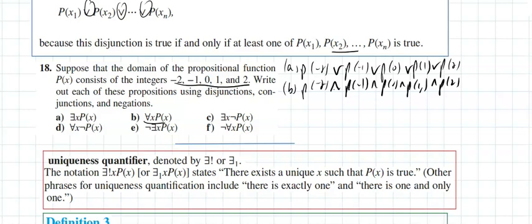Alright, and if I go for there exists some x that are not, so that could be written not p of -2 or... part C, there exists, yeah, it's or. There.